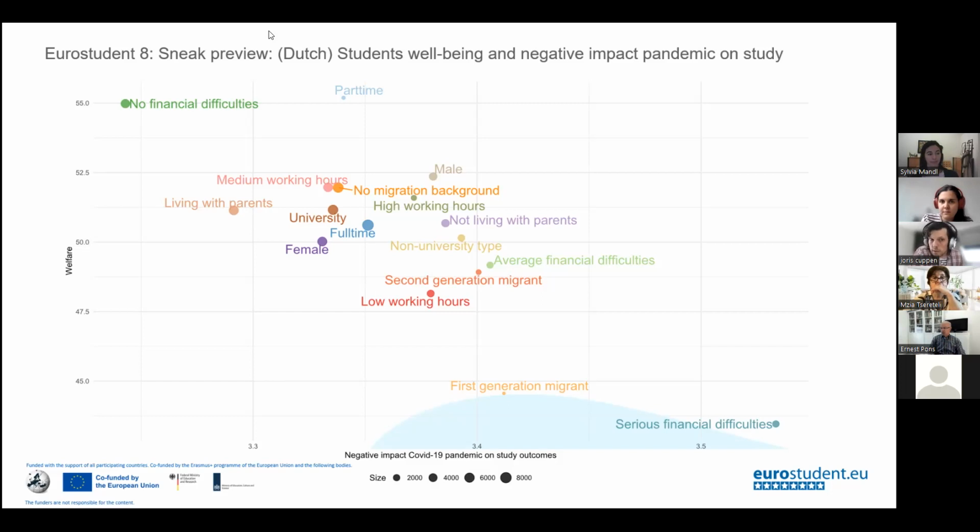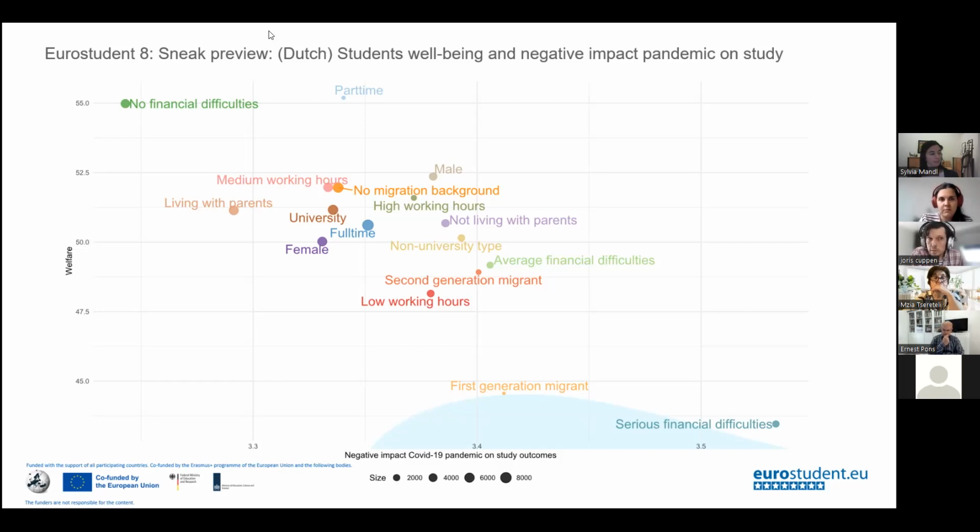So what can you read in this graph? For instance, that there also seems to be quite some relation between having a negative impact of COVID-19 and well-being. And for some students, we see that they score low on both parts, and others high on both outcomes. And for me, the most striking was the financial difficulties, since they're on the outer skirts of the graph.